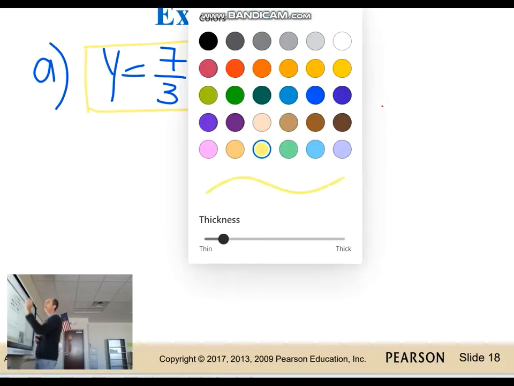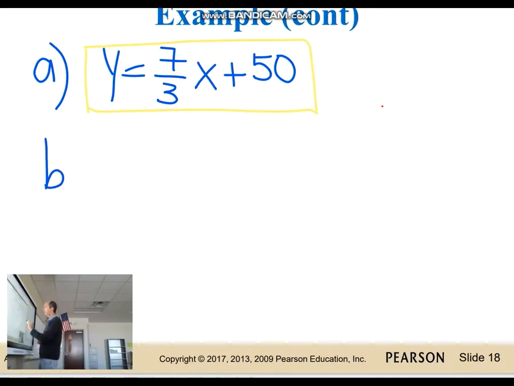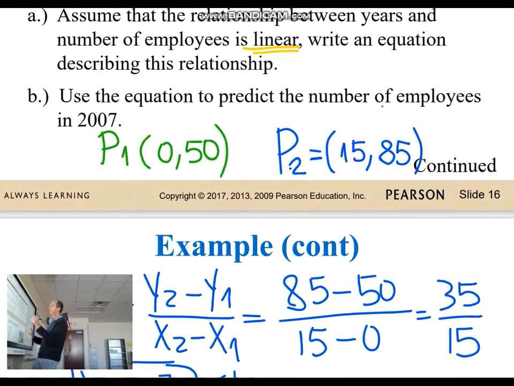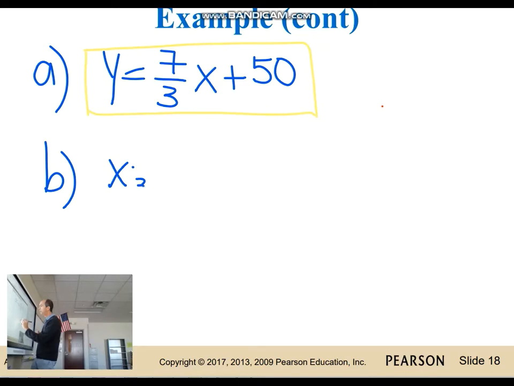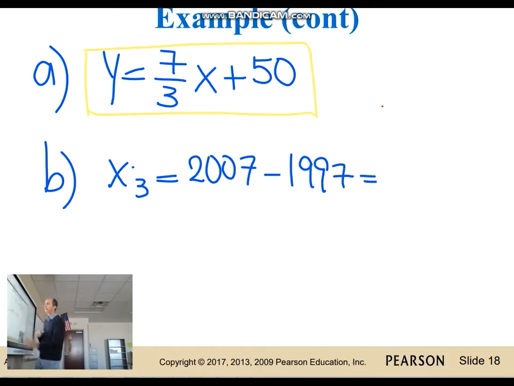And now we need to calculate the estimate, the prediction of the number of employees in 2007. Let's say 2007 is point 3, so x3 is going to be 2007 minus 1997. The number of years passed from 1997 is 10 years, right?